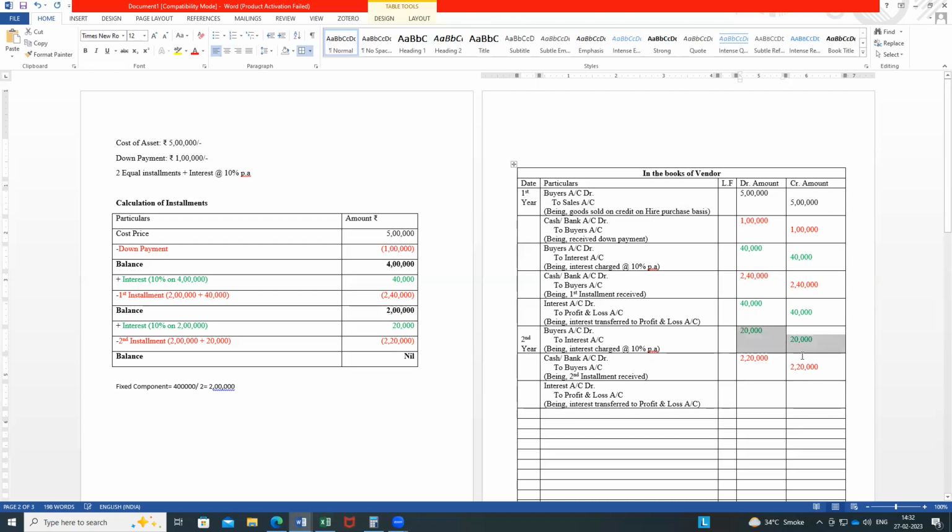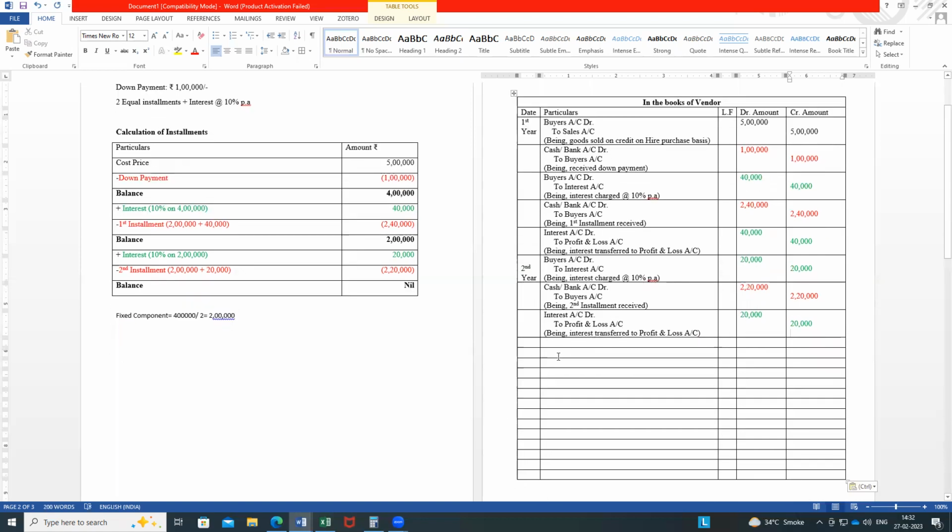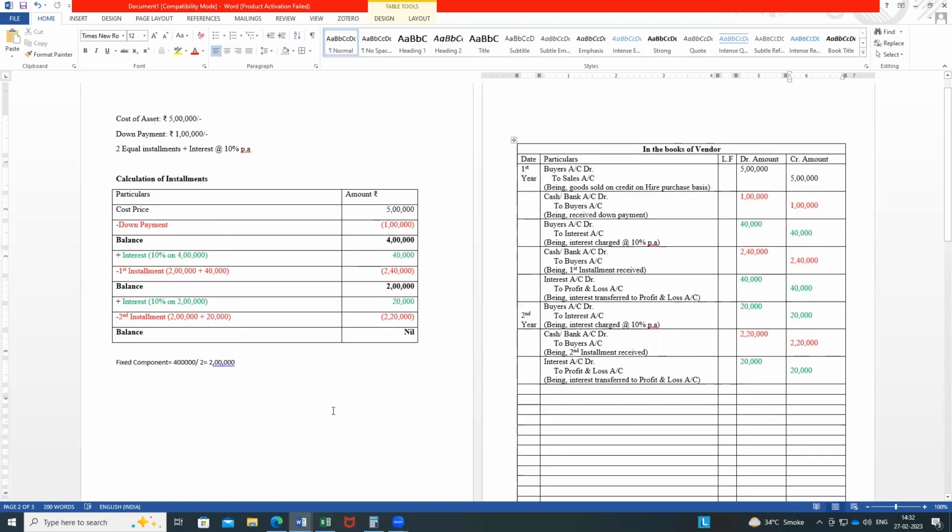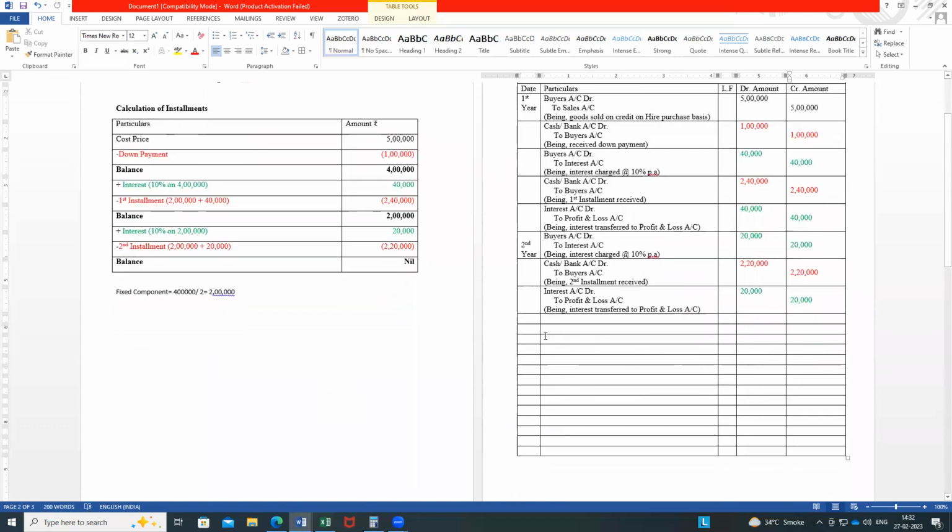So interest account debit to profit and loss account, it's a transfer entry, and that is what it is, done. अगर ये 3 years होते तो यही 3 entries would have been repeated on the third year, and the amount would have been different. But here in our case, we have kept a very simple sum. Okay, लेकिन third year, fourth year, fifth year, n number of years के लिए accordingly होता.